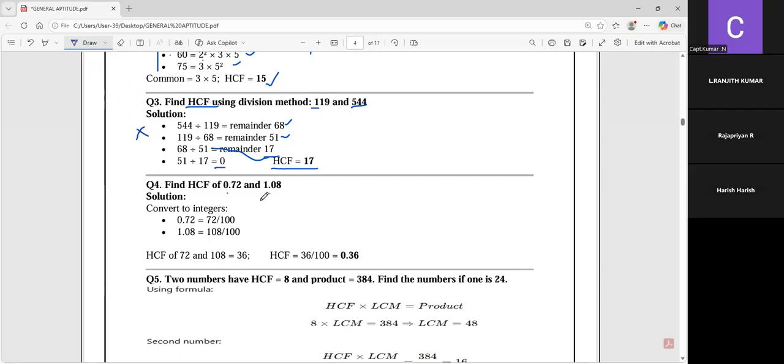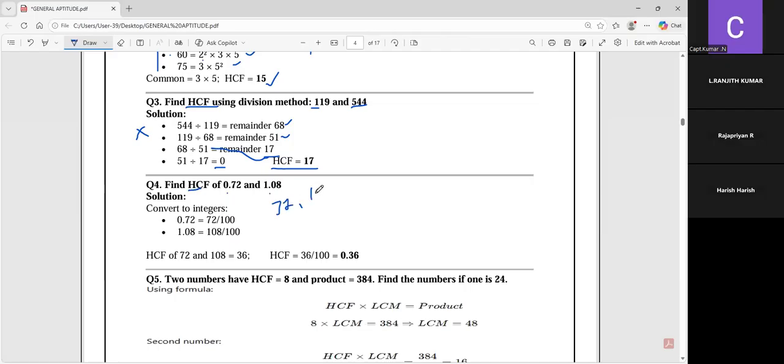Now I want to first calculate the HF. Decimals are a little bit tough, so first I'm going to convert the values into integers. 0.72 is nothing but 72 by 100 and 1.08 is nothing but 108 divided by 100. So now I'm going to take the numbers 72 and 108.